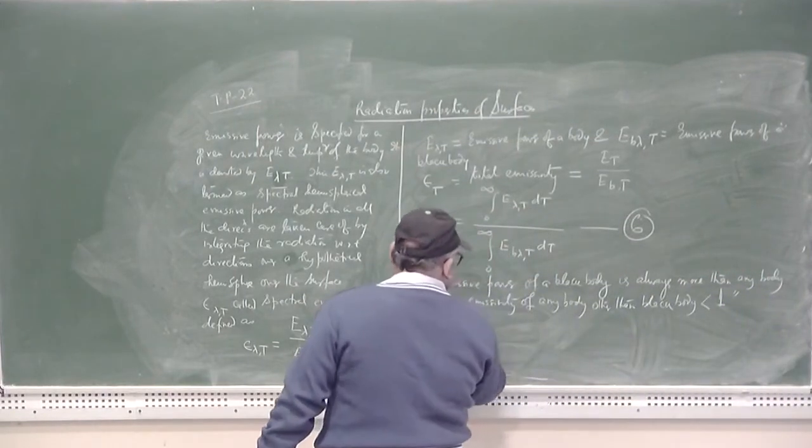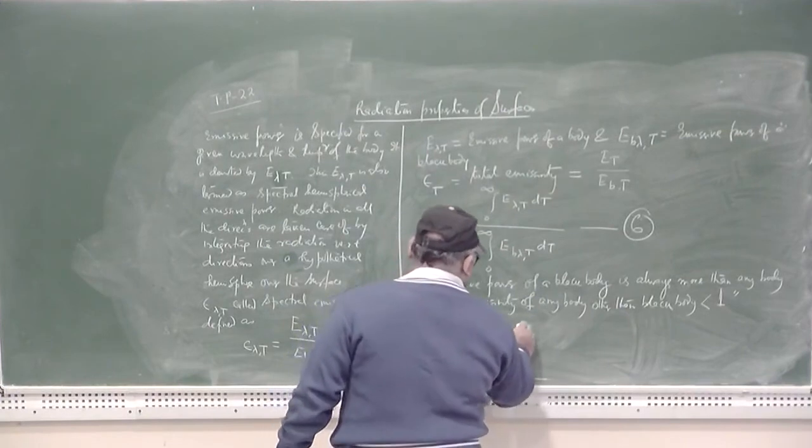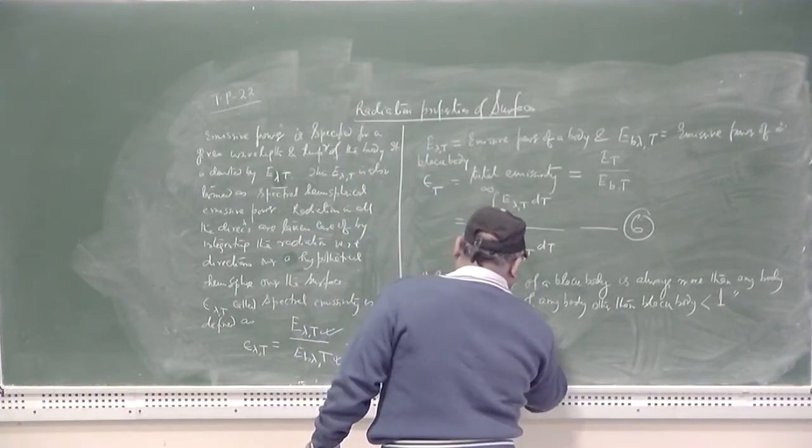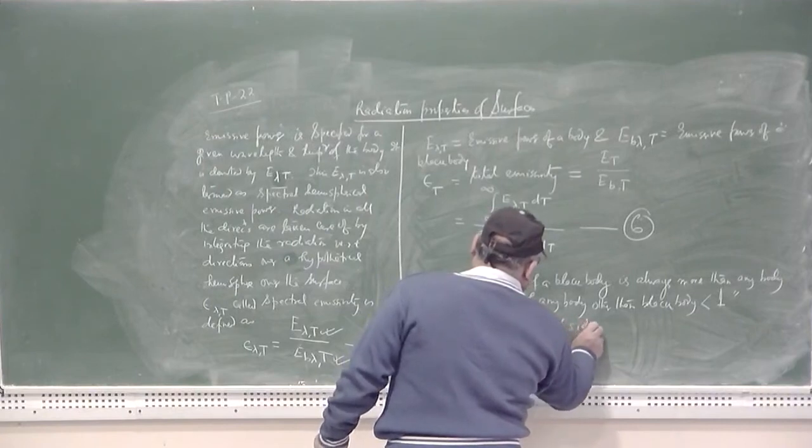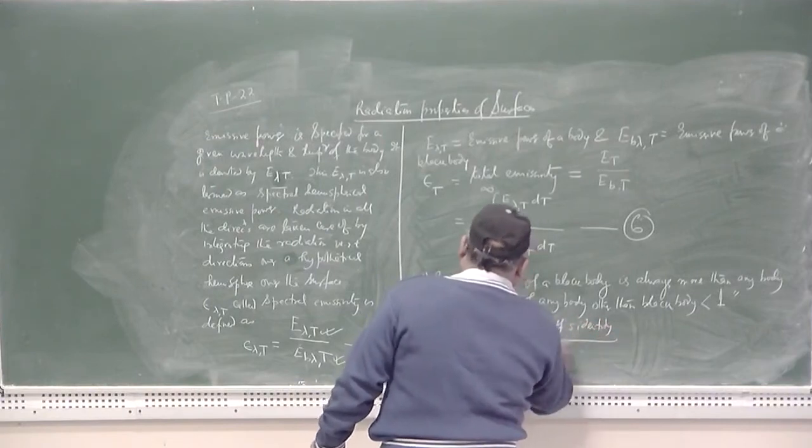This identity is called Kirchhoff's identity.